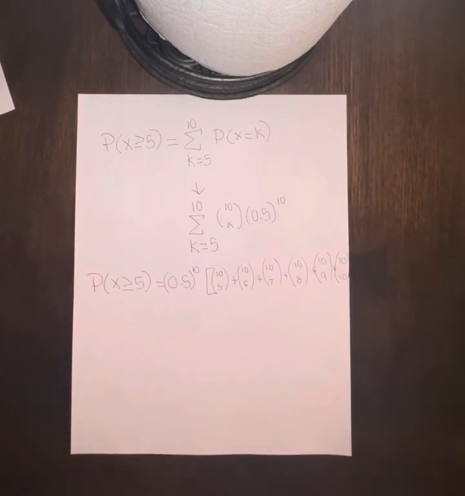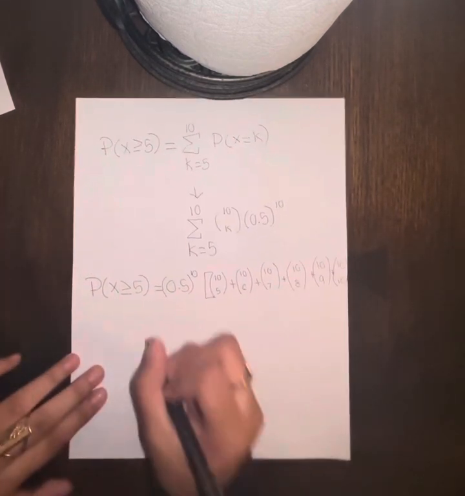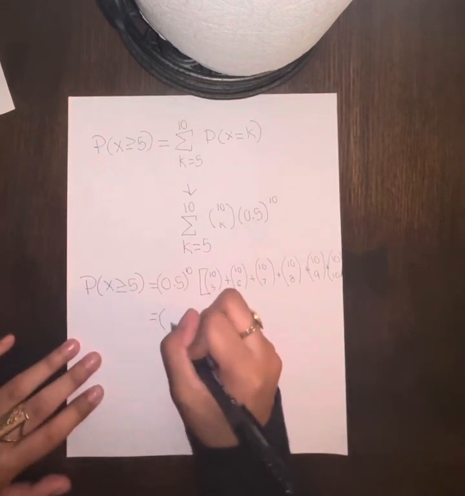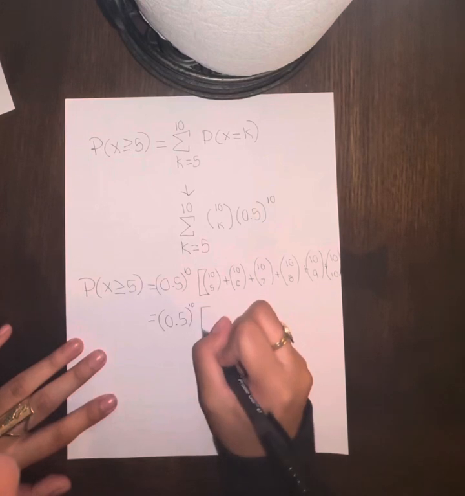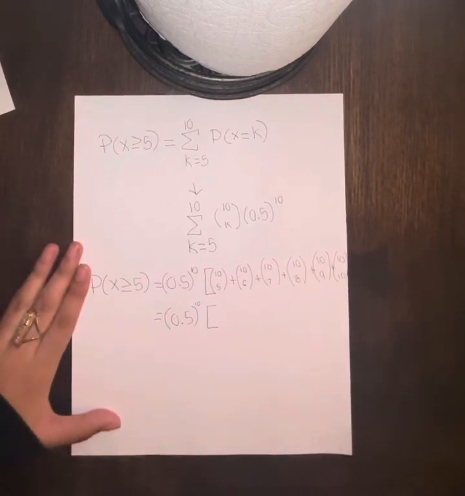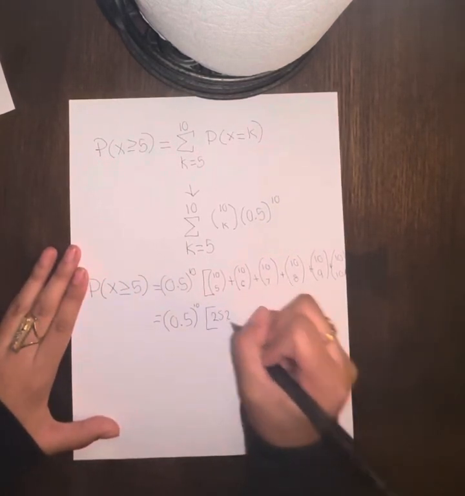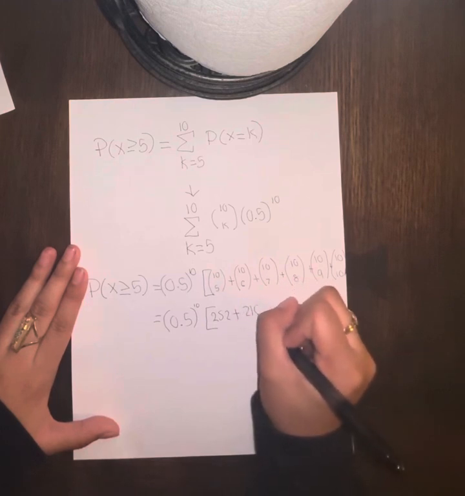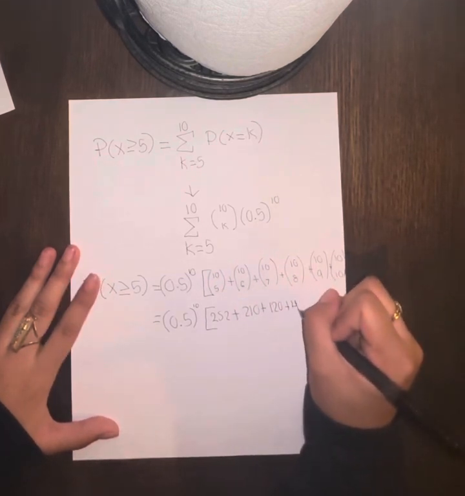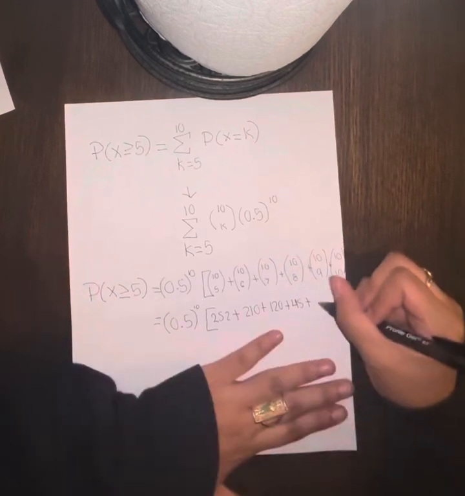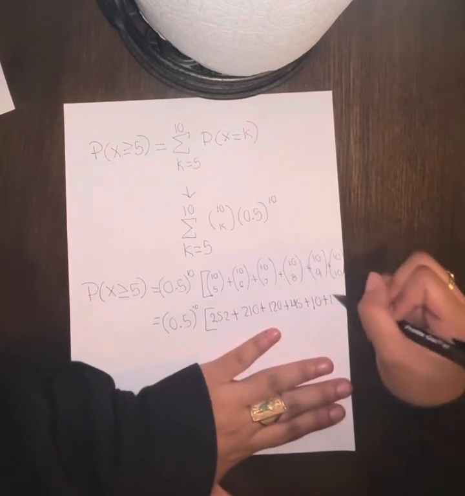So then after this would give you a sum of 252 plus 210 plus 120 plus 45 plus 10 plus 1.